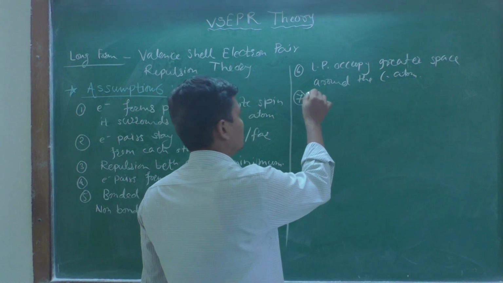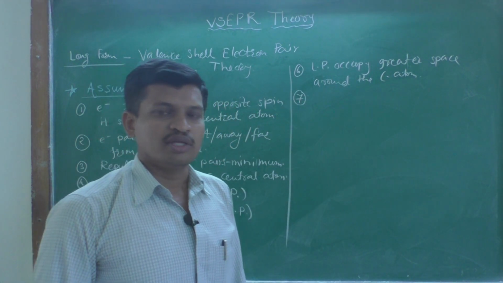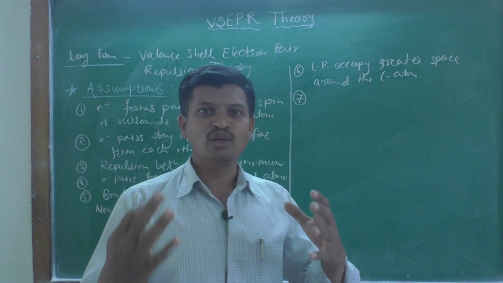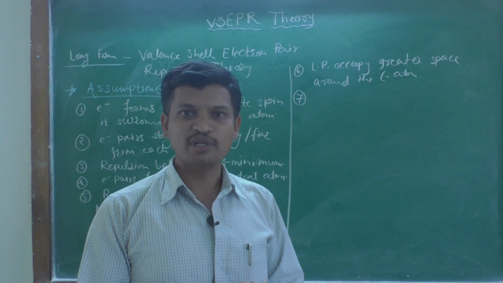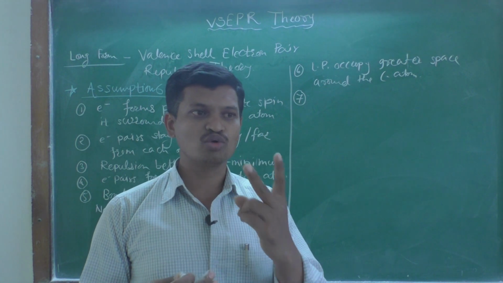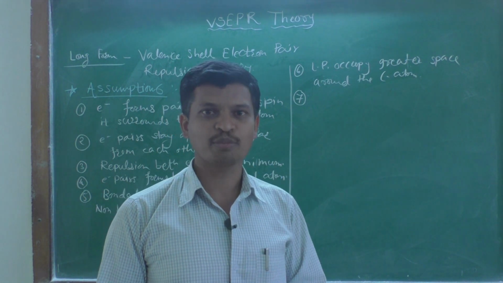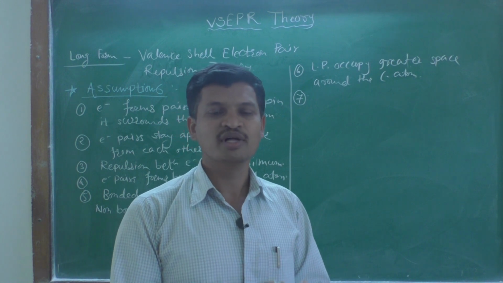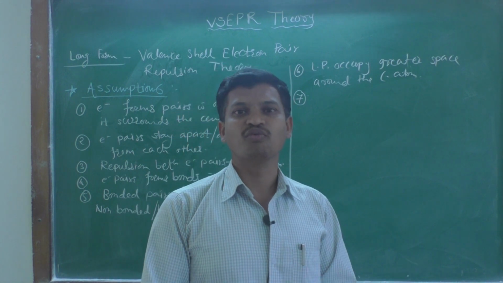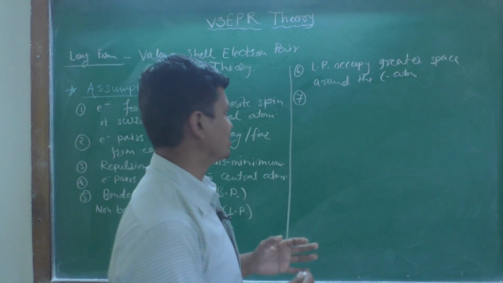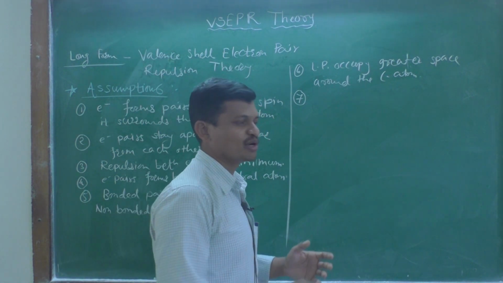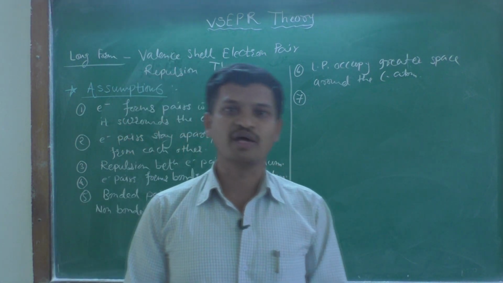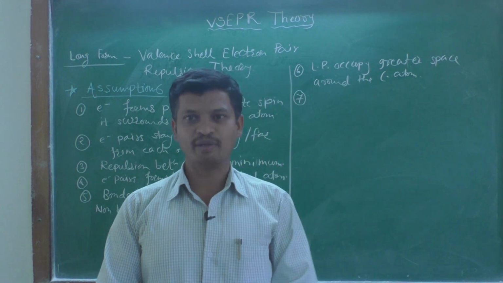The next assumption is that if there are two or more lone pairs, non-bonded pairs of electrons, present around the central atom, then the repulsion between them will be treated as maximum as compared to lone pair-bond pair and bond pair-bond pair repulsion.